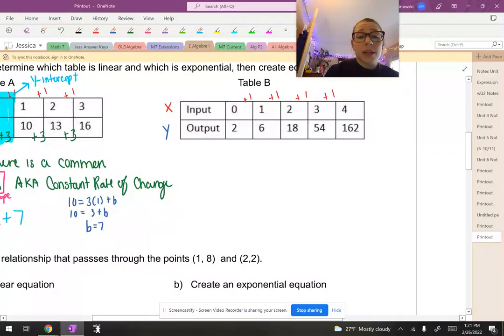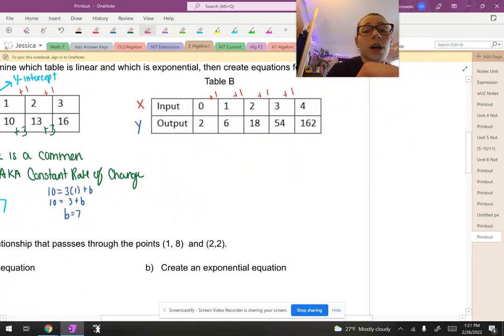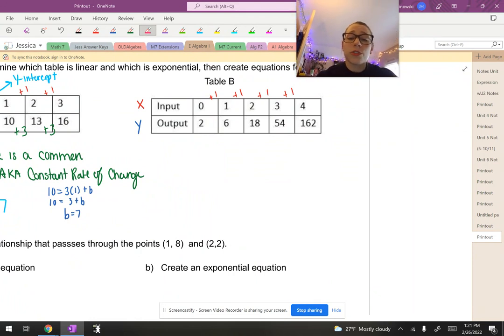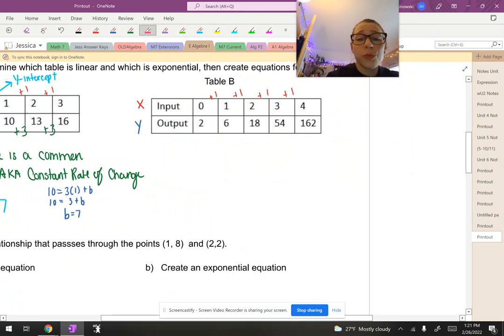Okay, so looking at table B then, this one's got to be exponential. Let's just take a look, see to make sure. Going from 2 to 6, I could add 4, true, but I could also multiply by 3. And adding 4, the reason I'm not going to do that is because adding 4 is not going to get me to 18 here. 6 plus 12 would have to get me to 18, which is not a constant rate of change, so definitely not linear.